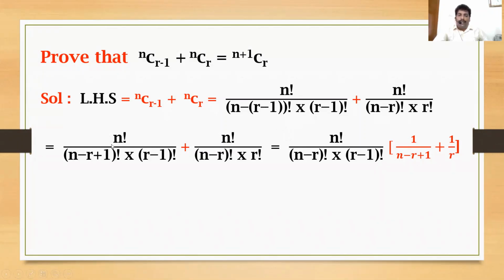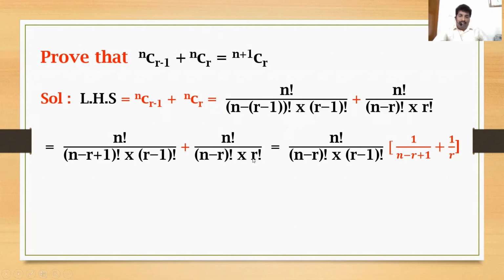I took it common in both the terms. In the first term, if you observe, n factorial numerator is common in both the terms. In the denominator, if you observe, here r minus 1 factorial is there in the first term. In the second term, r factorial can be written as r into r minus 1 factorial. Already we know that. So r into r minus 1 factorial, if you write, we can take common r minus 1 factorial.